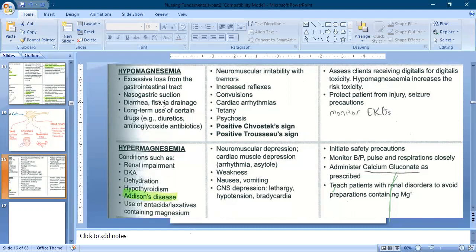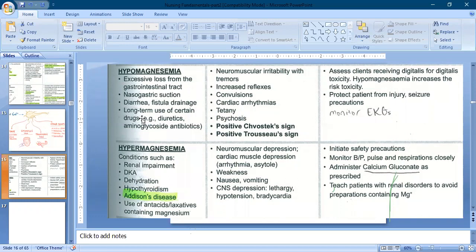So for hypomagnesemia, the causes are GI or gastrointestinal loss, diuretics, malnutrition, or alcohol abuse. These are the causes of hypomagnesemia.